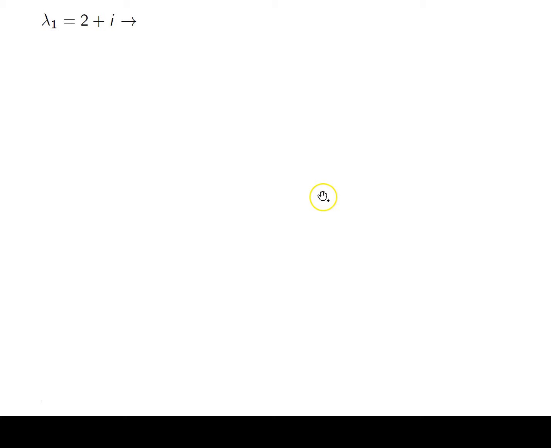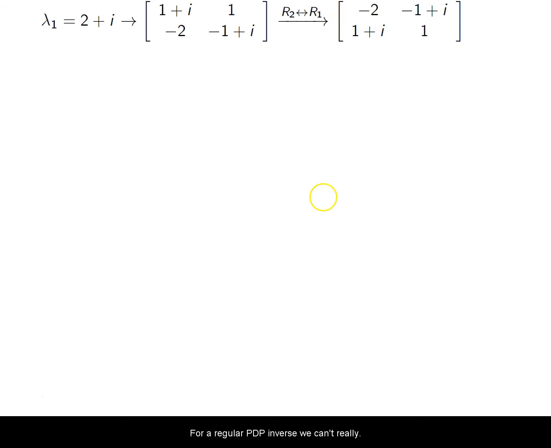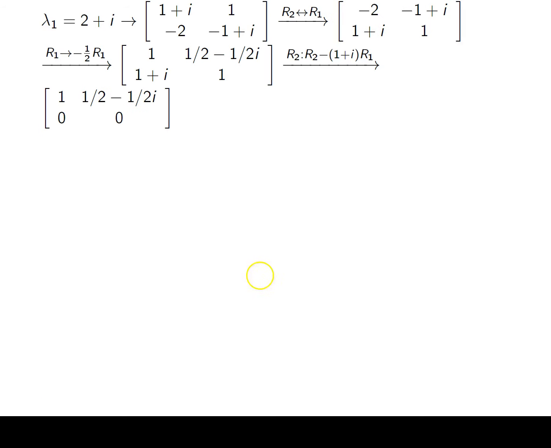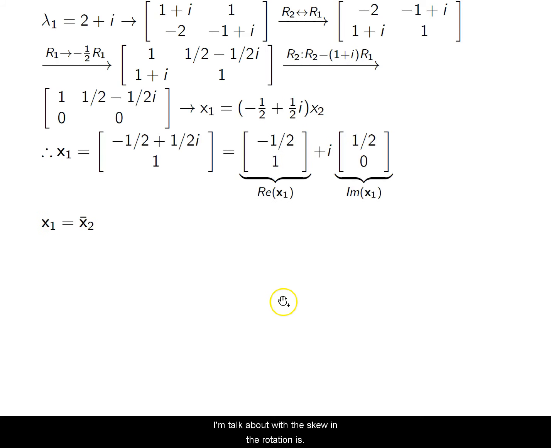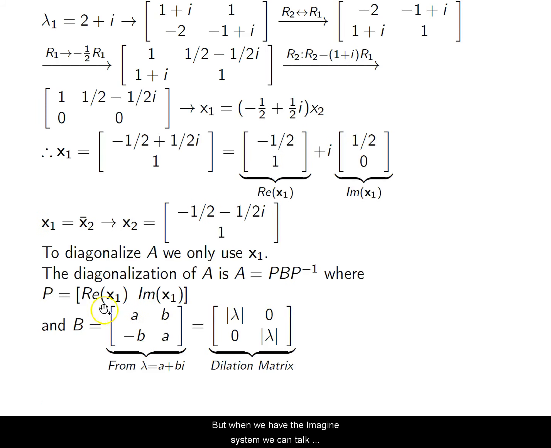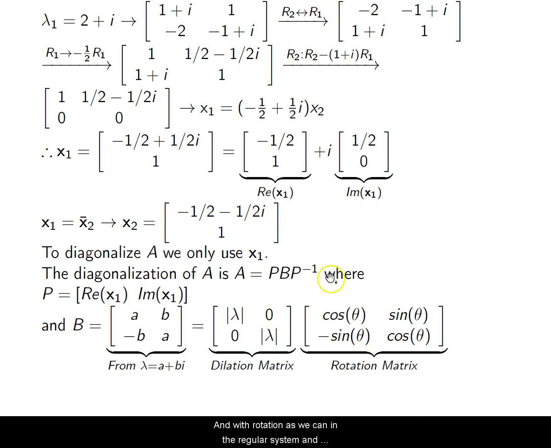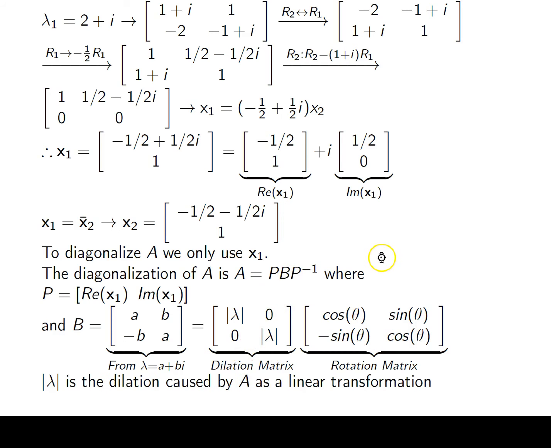So for our regular P D P inverse, we can't really talk about what the skew and the rotation is, but when we have the imaginary system, we can talk about what the skew is and what the rotation is. We can in the regular system, and that's what the eigenvalues and the eigenvectors do, right? Here, this serves the same purpose, but we can talk about them separately, okay?